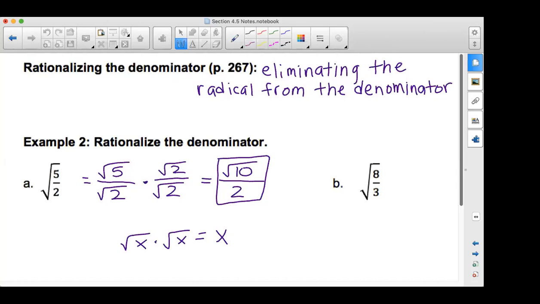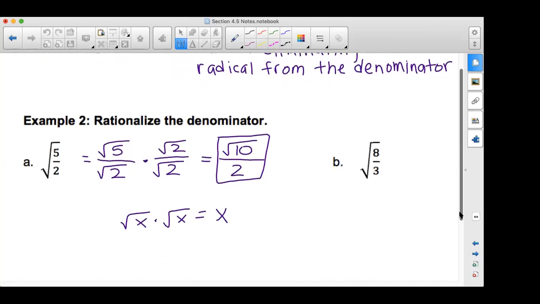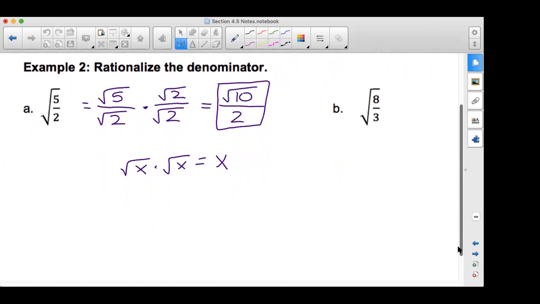Cody, using the quotient property, how did we break that radical up? Square root of 8 over square root of 3. Good. So then how are we going to rationalize this denominator? Multiply the entire thing.